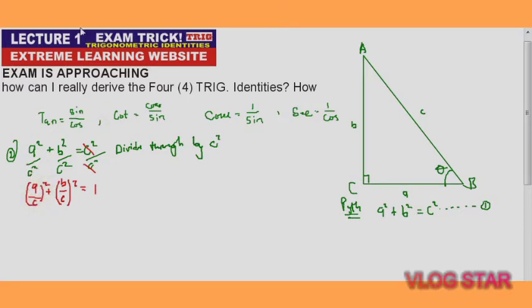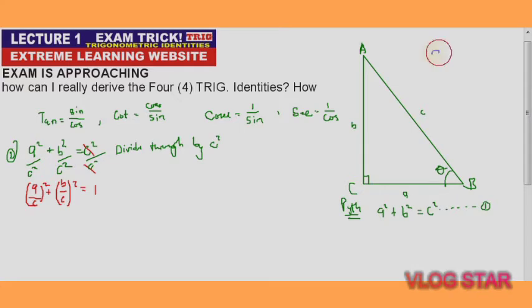Let's look at something here. We have a over c, but we cannot get the accurate thing we're looking for except we go by sine, cos, and tan. Before we simplify this further, let's do this on this side.